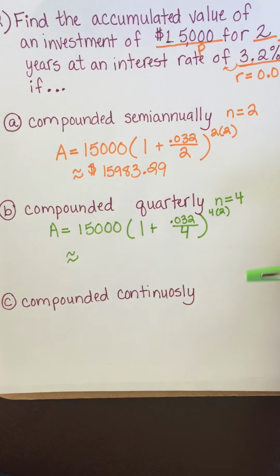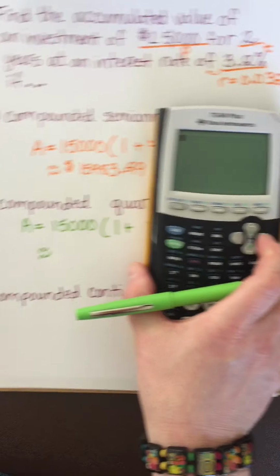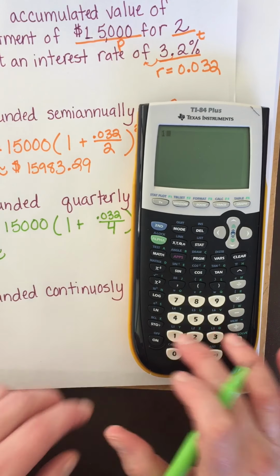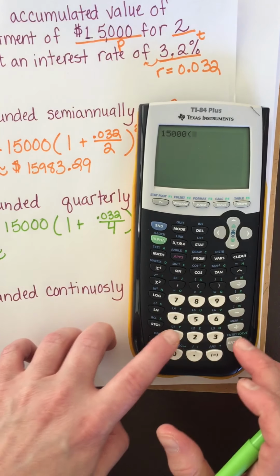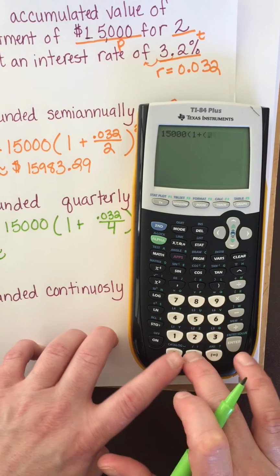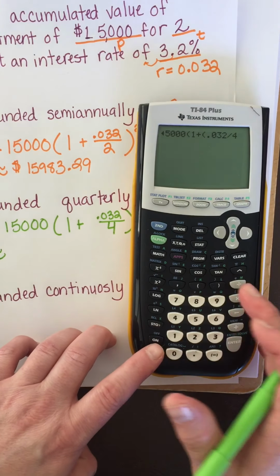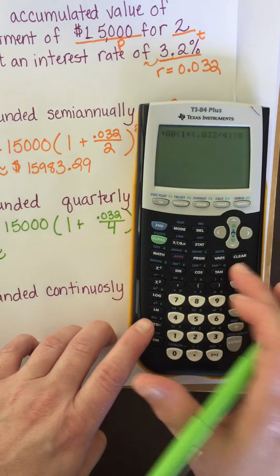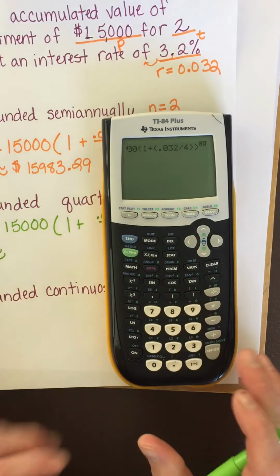And again, I'm going to put this in my handy dandy calculator. So 15,000 times 1 plus 0.032 divided by 4 to the, and then 4 times 2 is 8.